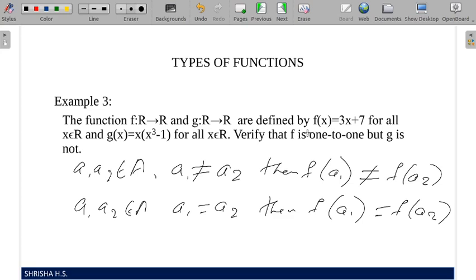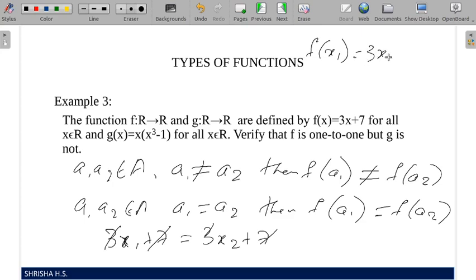Now let's assume that there are two elements, x1 and x2. So 3x1 plus 7 equal to 3x2 plus 7. Cancel this, the 3 and 3 cancel. So only if x1 and x2 are equal, only then their images are equal. We took f of x1 equal to 3x1 plus 7, f of x2 equal to 3x2 plus 7.